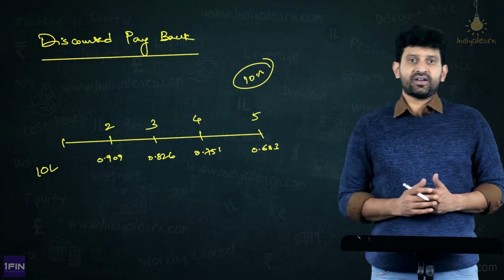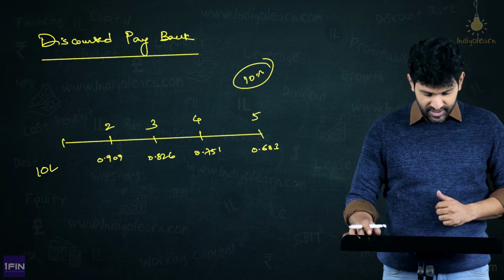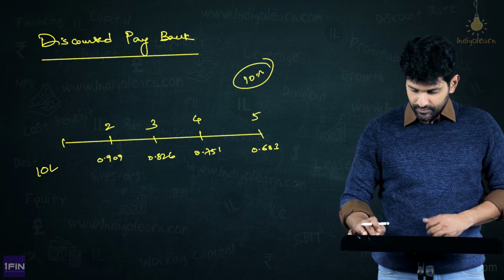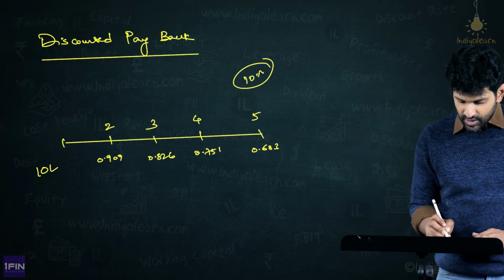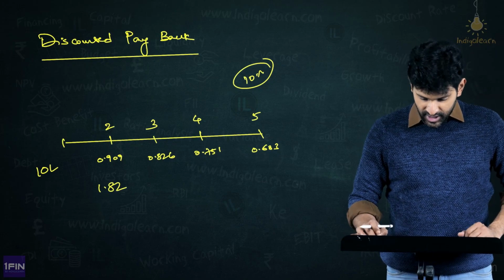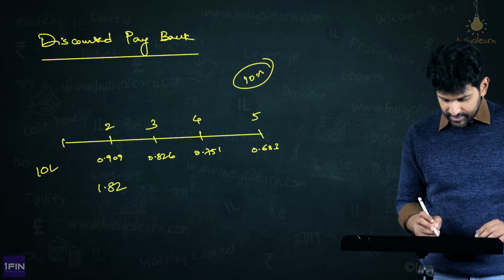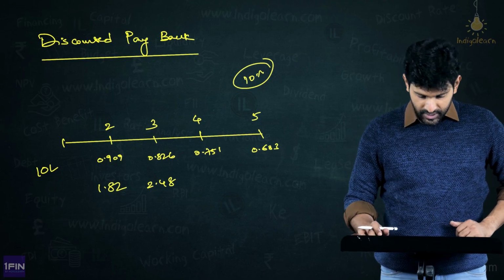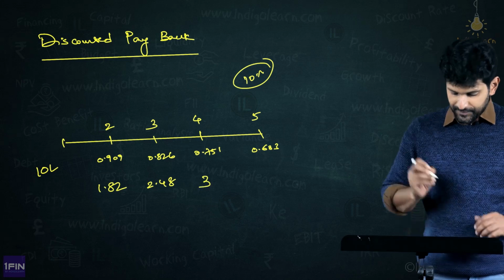Now for each year, instead of 2, 3, 4 and 5, we will write down the discounted cash flows. That is 2 into 0.909, which is 1.818, approximately 1.82. Then 3 into 0.826 is 2.478, so 2.48. Then 4 into 0.751 is 3.004, so 3.